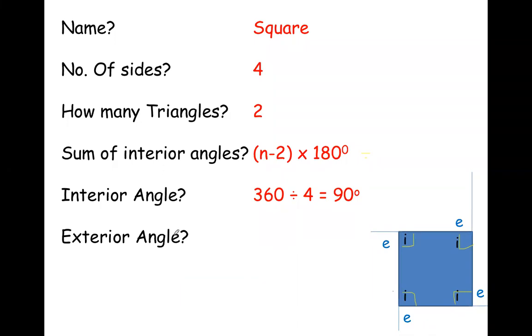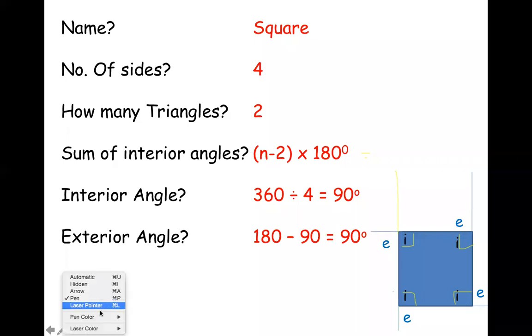And then my interior angle for each will be 90. Why? Because 360, which I get from the sum of interior angles, divided by 4, so each will be 90. And my exterior angle will be, again, 180 minus 90. Let me change my pen color again.